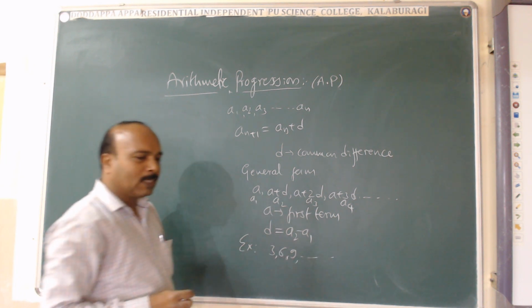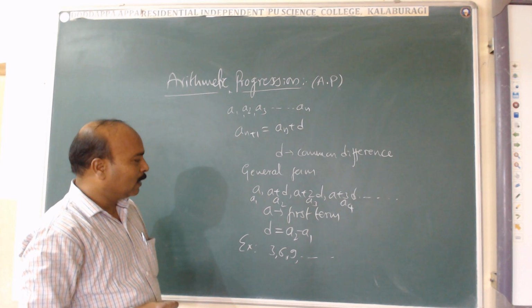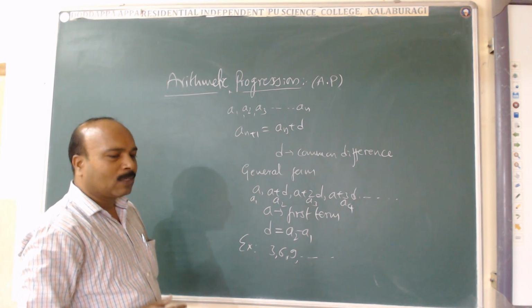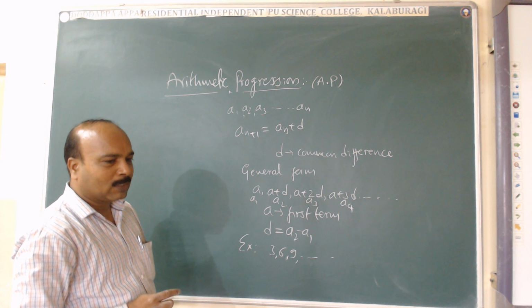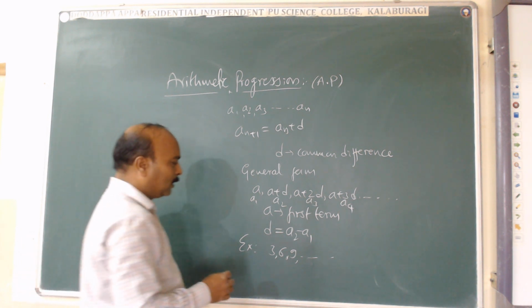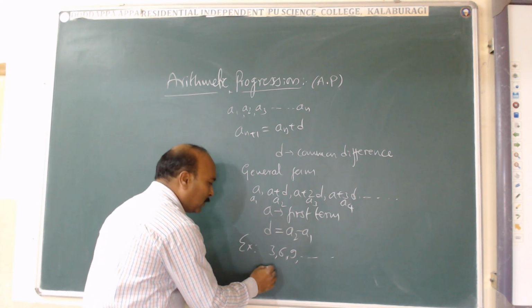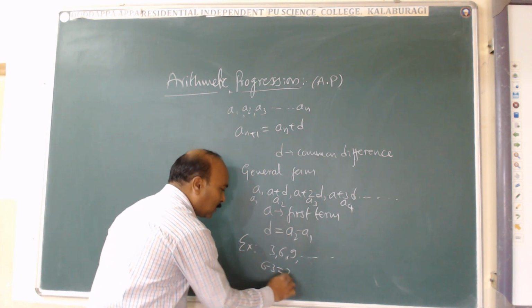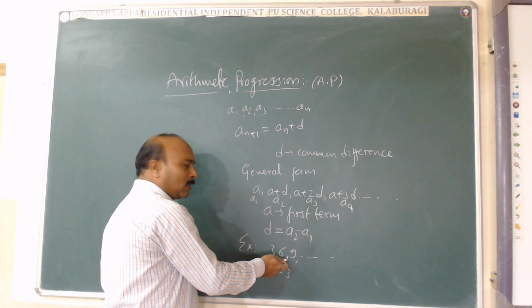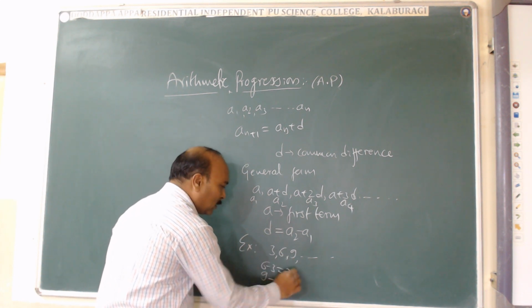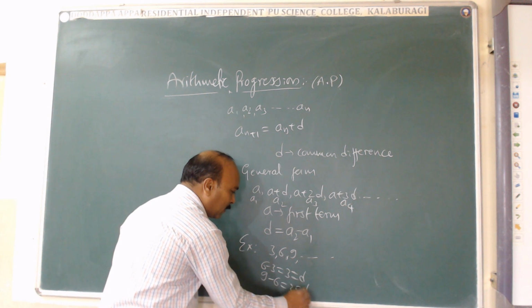It is an arithmetic progression, because here we observe that the difference between two consecutive terms is always constant. Here, the second term minus the first term is 6 minus 3, the answer is 3, and the difference of these two numbers, 9 minus 6, is also 3. So this is nothing but the common difference.